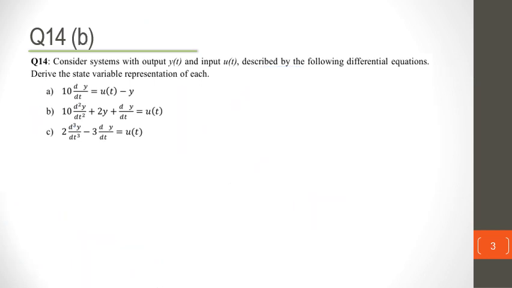So 14b, we are supposed to consider this system, and we need to write that differential equation as a state variable. So in 14b, we say the ordinary differential equation is of second order.